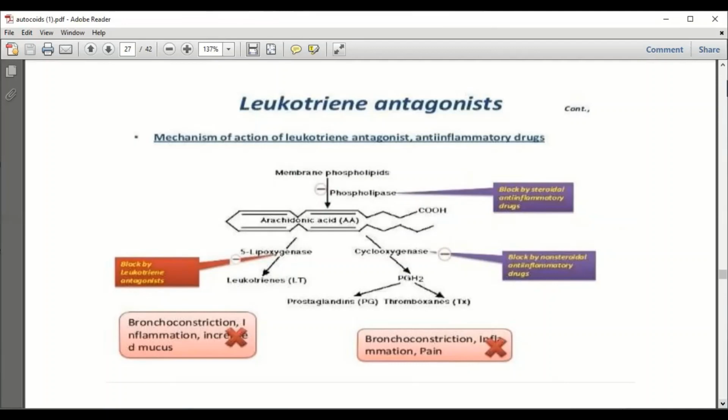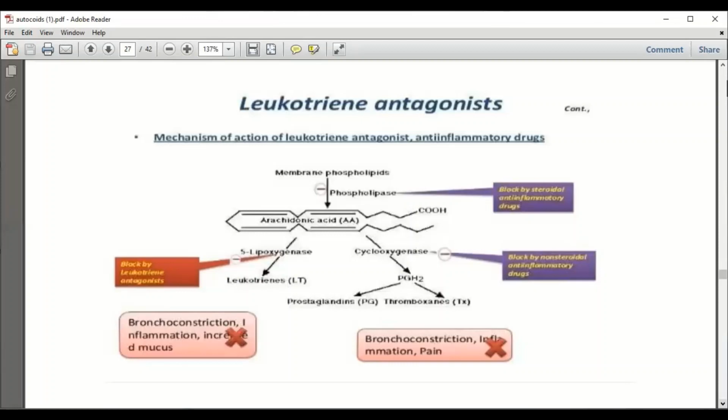You remember very well, leukotrienes are produced from the cell membrane, and the cell membrane contains something called phospholipids. And these phospholipids are broken down by an enzyme called phospholipase. And when you give somebody steroids, it is phospholipase which is blocked from converting membrane phospholipids into arachidonic acid.